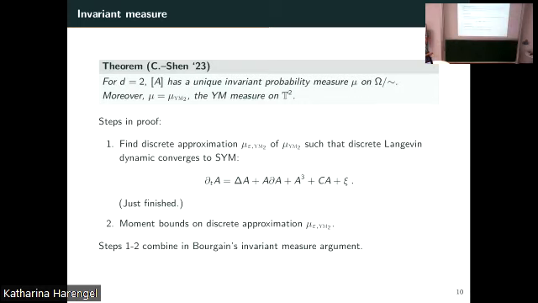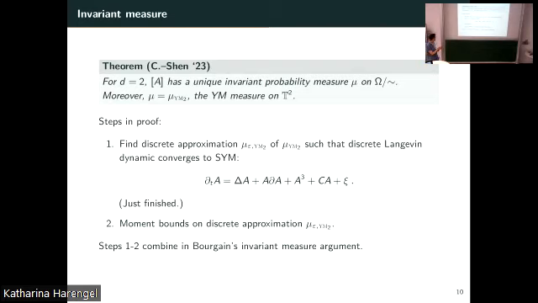Okay, so on a high level, what are the steps that enter the proof? We find discrete approximations of this Yang-Mills measure. We're going to take something called Bourgain approximations, but it doesn't really matter which one we take at the end, such that the discrete approximations converge to the good SPDE. So we just finished this argument, and then the second part of the proof of this theorem is that we need to derive moment bounds for this measure.